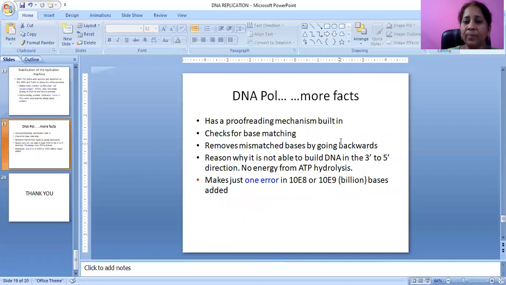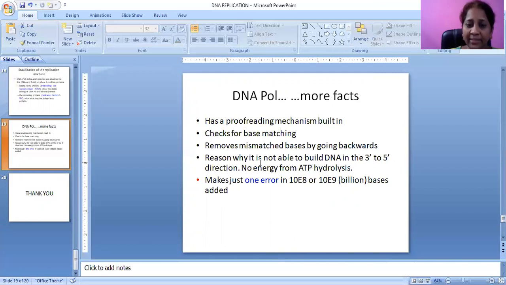DNA polymerases have more properties. These DNA polymerase enzymes have a proofreading mechanism built in. It checks for base matching; DNA polymerase 1 removes mismatched bases by going backwards.